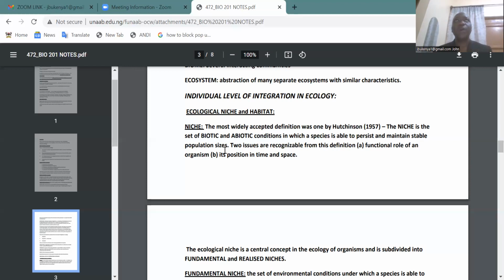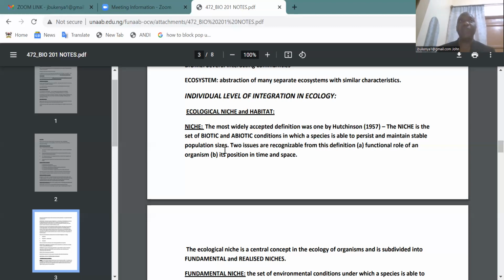So I would say that the niche concept focuses on where an organism lives, that is its habitat, its address. In the words of Hutchinson, the niche is the address where an organism lives and what it does there, its profession, its role. So the concept of niche describes both the habitat of an organism and its role in that habitat.